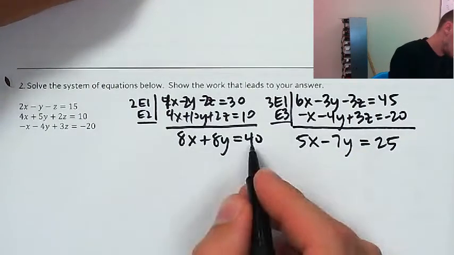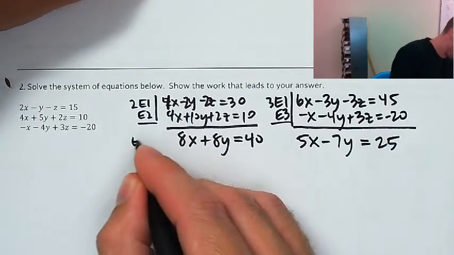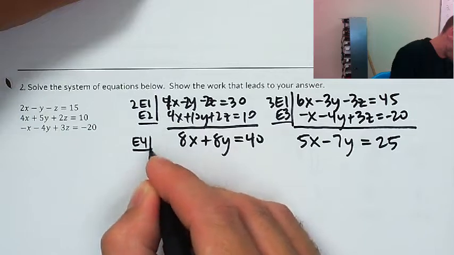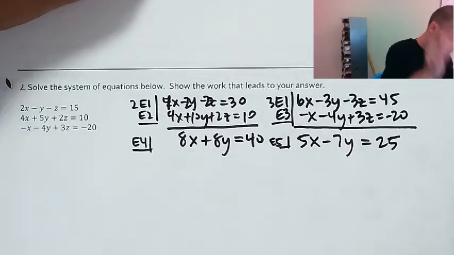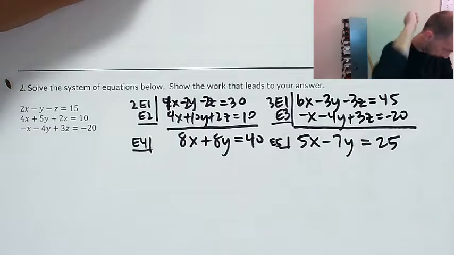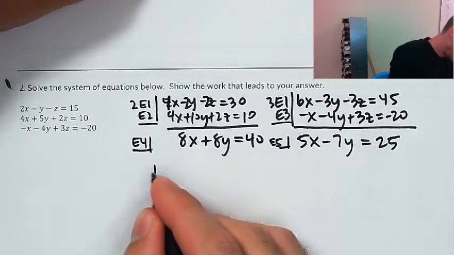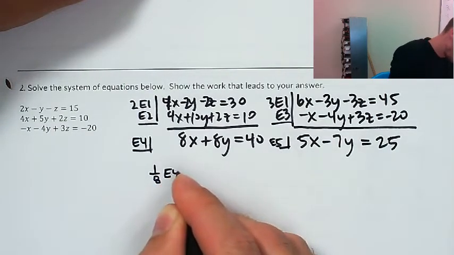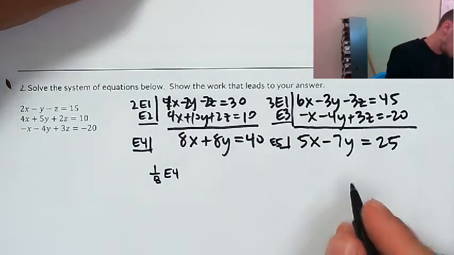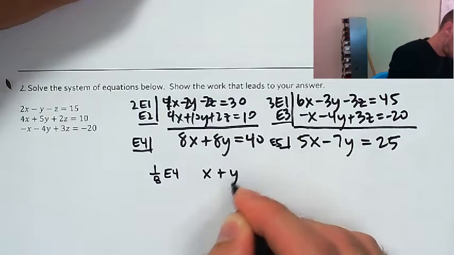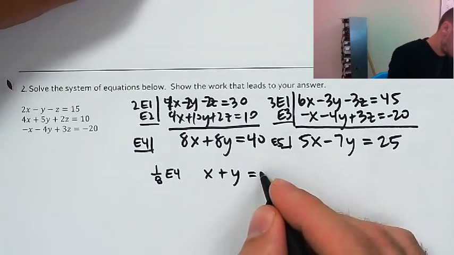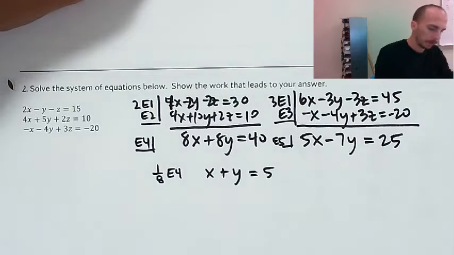So I'm going to take this one as equation 4, and this one will be equation 5. Then I will multiply equation 4 by 1/8. That'll be 1x plus 1y equals 5.